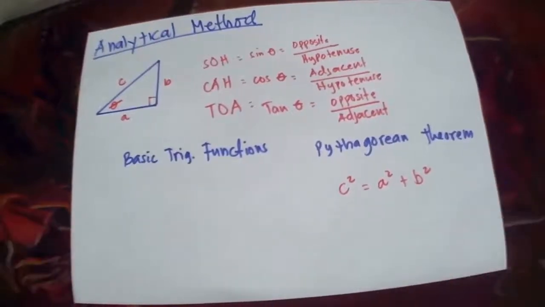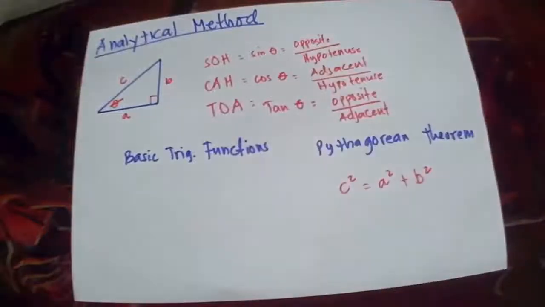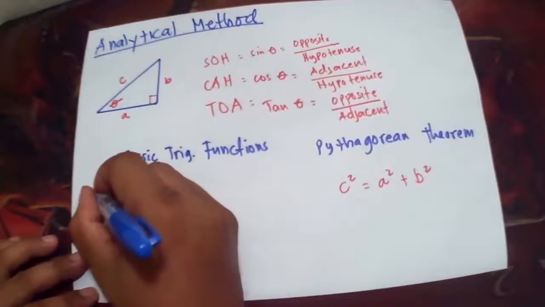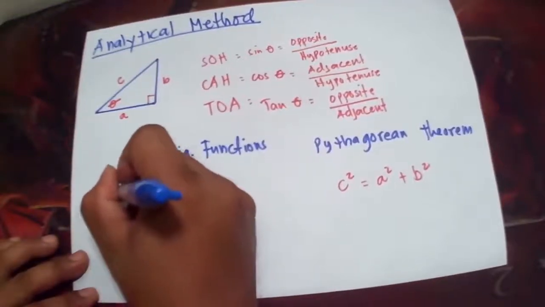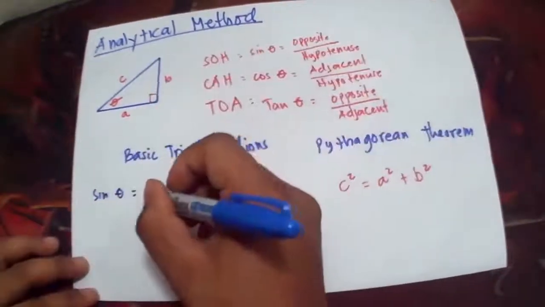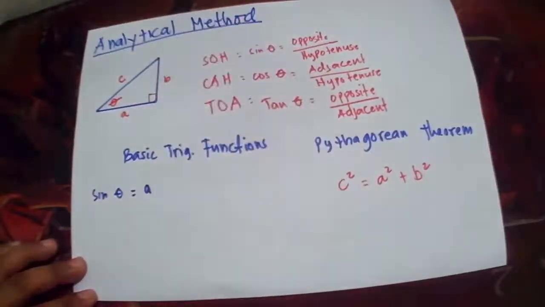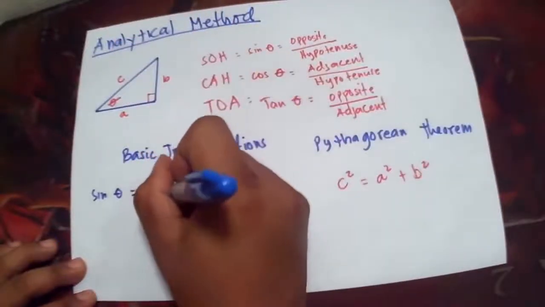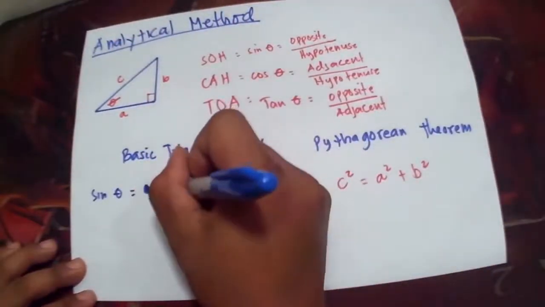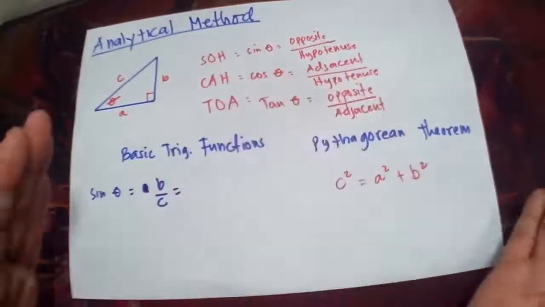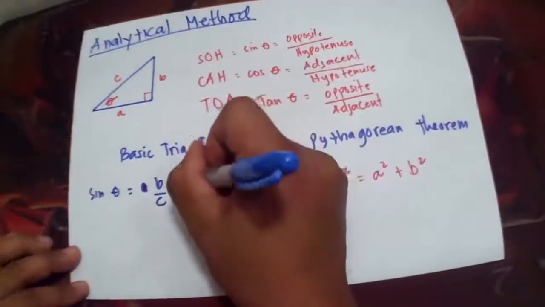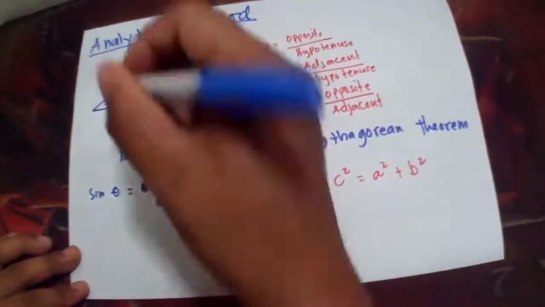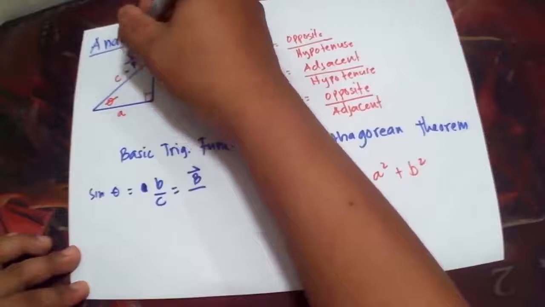Now, relating the basic trigonometric functions to vectors: sine theta is equal to opposite over hypotenuse, that's B over C. If we relate this to vectors, B becomes vector B, and C becomes the resultant vector.